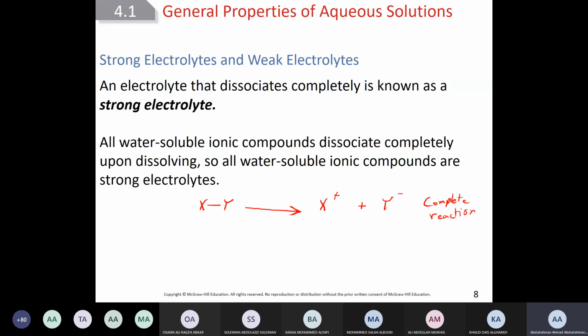But if I write AB goes to A+ plus B-, and I put two arrows here, what does two arrows mean? It means AB can go to A+ and B-, but A+ and B- can also go back to the other side.